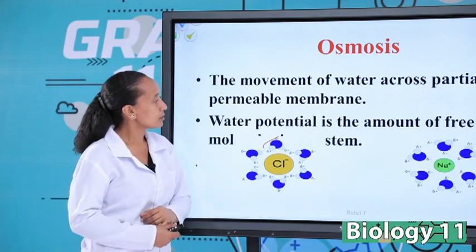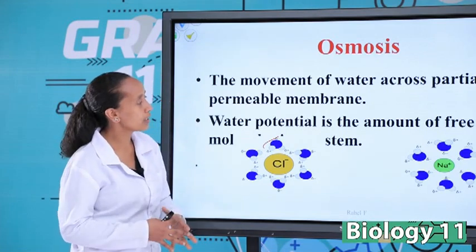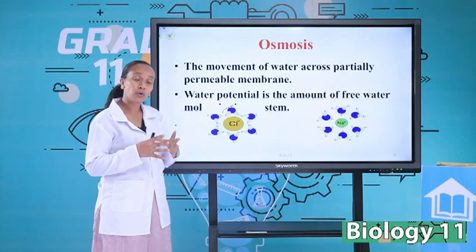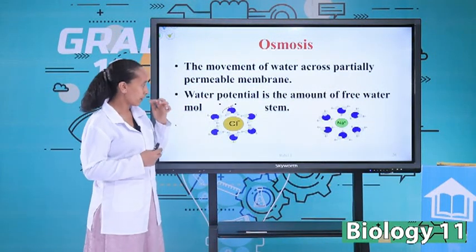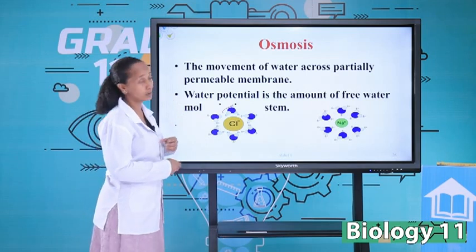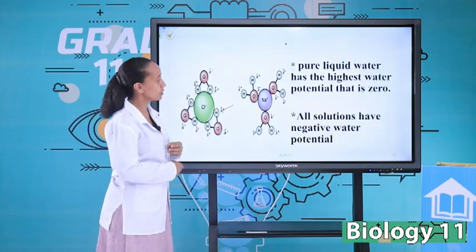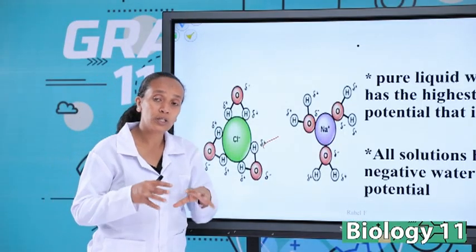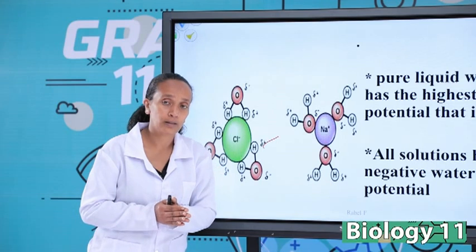In osmosis, as we said, the water potential is important for the process. Why? Because when particles are dissolved in solution, the number of free water molecules in that solution decreases.